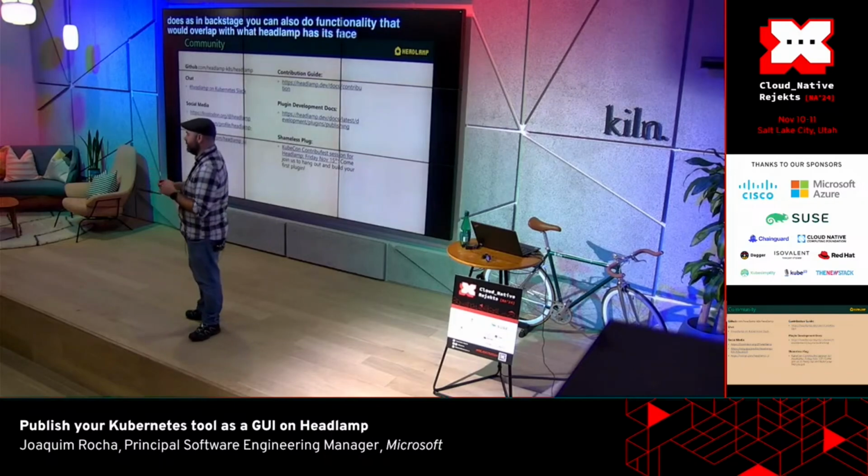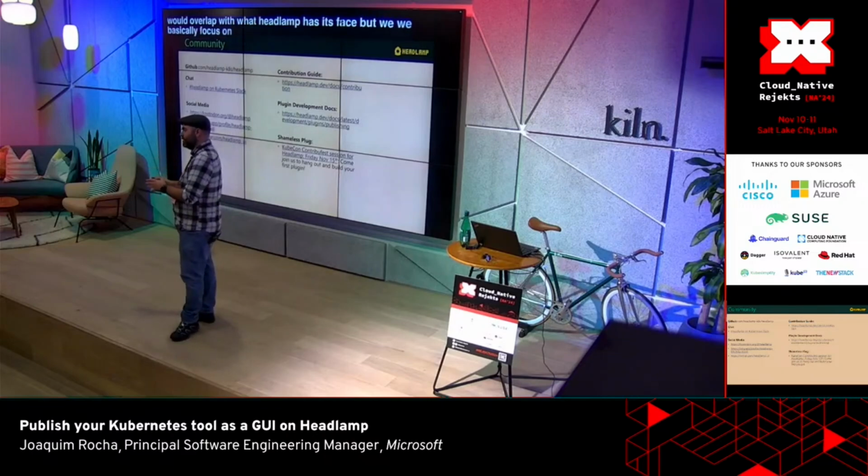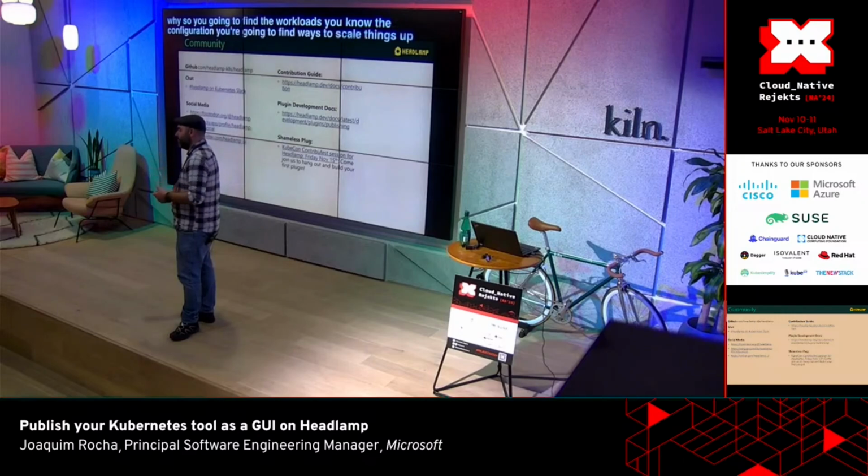But we basically focus on providing everything that you expect to find in a Kubernetes UI. So you're going to find the workloads, the configuration. You're going to find ways to scale things up if you want to do that manually, that sort of thing, right?